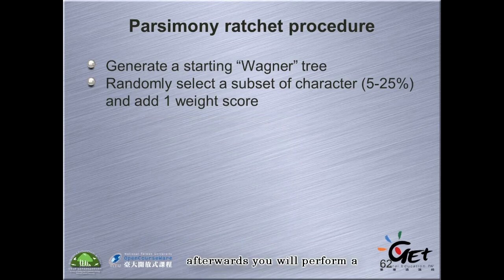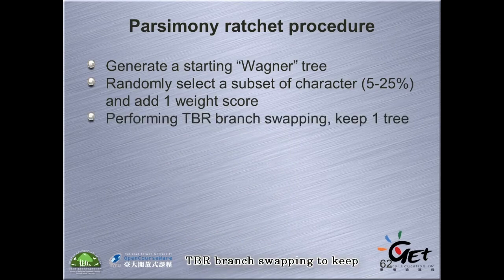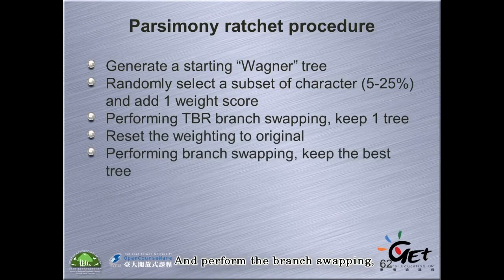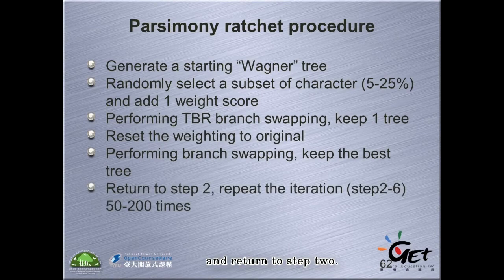Afterwards, you perform TBR branch swapping to keep only one tree and reset the weighting to original, and perform branch swapping to keep the best trees, and return to step 2, and keep repeating this process, and it will give you the estimate for the best trees you got.